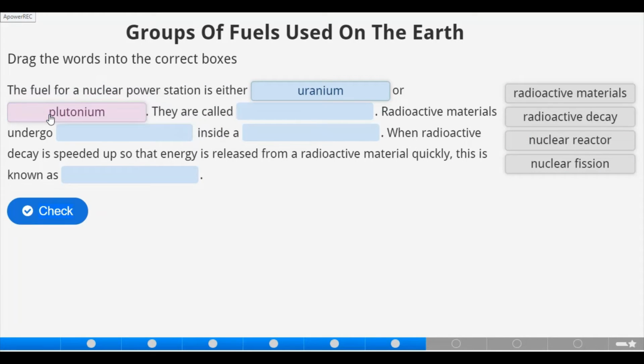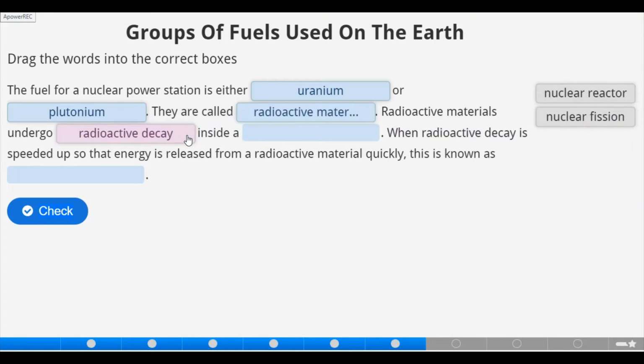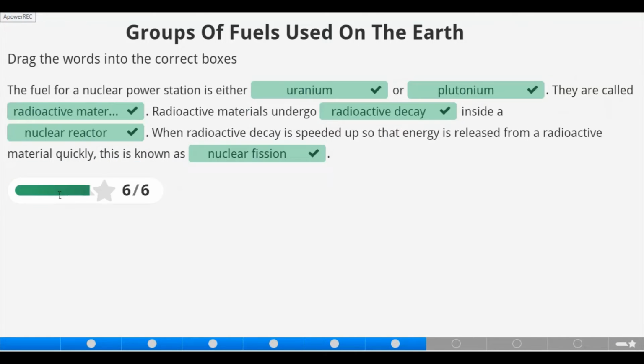They are called radioactive materials. Radioactive materials undergo radioactive decay inside a nuclear reactor. When radioactive decay is speeded up so that energy is released from a radioactive material quickly, this is known as nuclear fission. Let's check. That's correct.